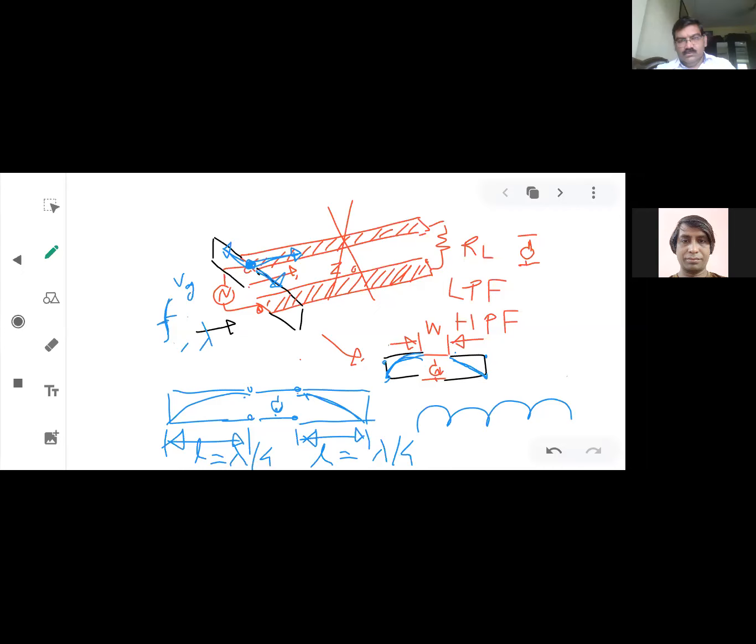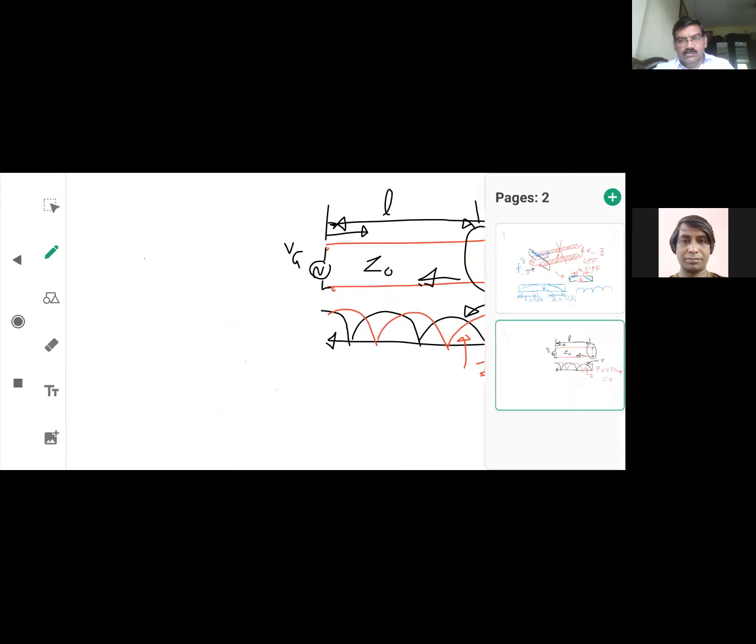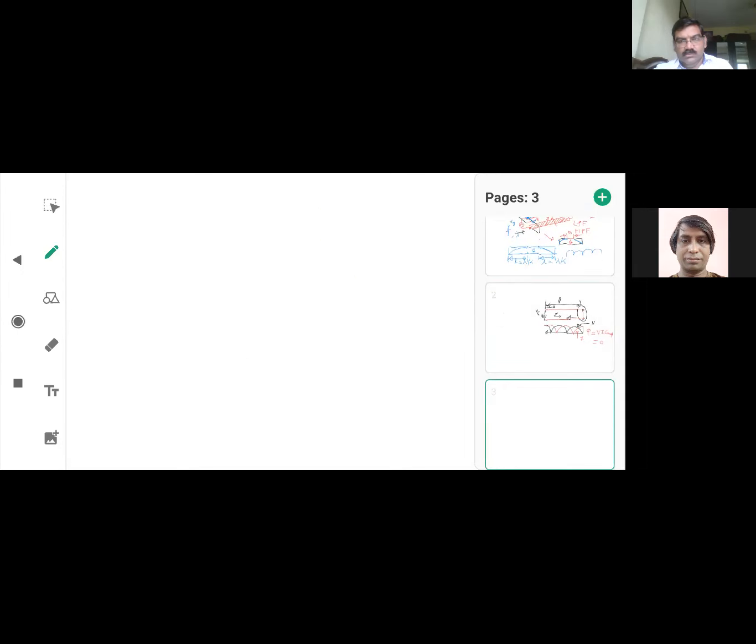Okay, so only quarter cycles are formed on the left hand side and on the right hand side.